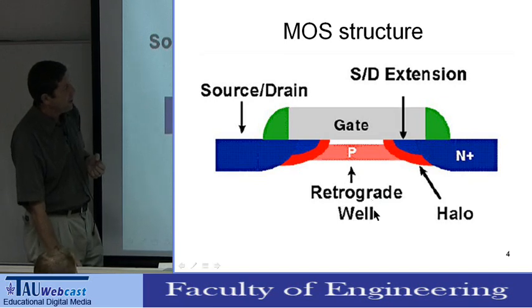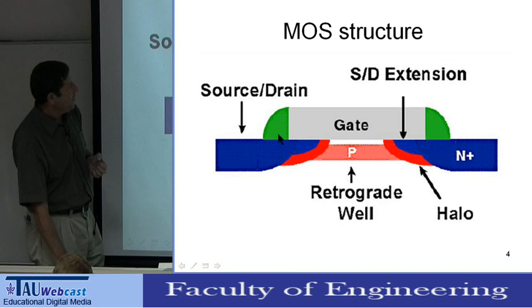Retrograde means more doping here than here. You do it by energetic ion implants, so the implant goes to this region, and this one is lower doping. This area is N plus and N plus. This little area here is N with lower doping.